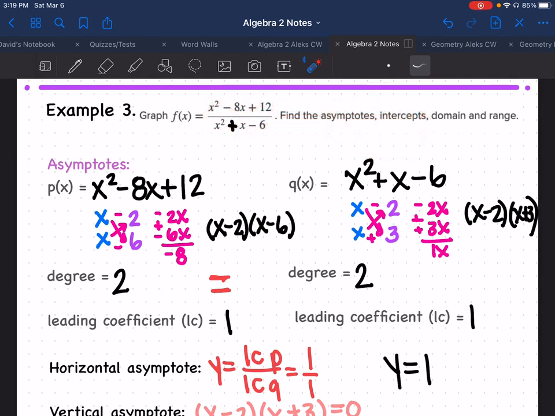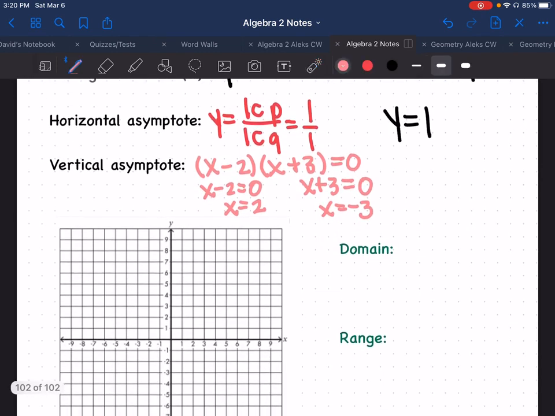Because we share these two factors and they cancel each other out, there becomes a hole there. So it's neither a zero and it's not an asymptote. My asymptote is only at x equals -3.